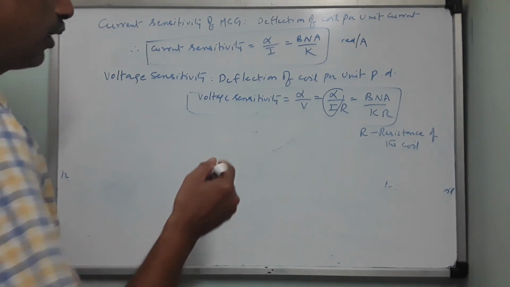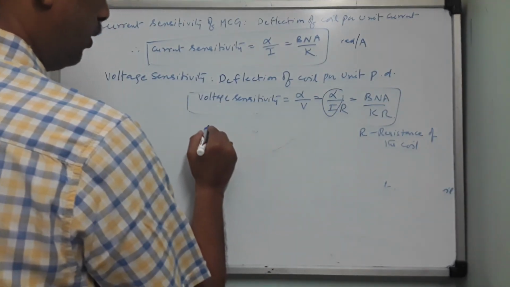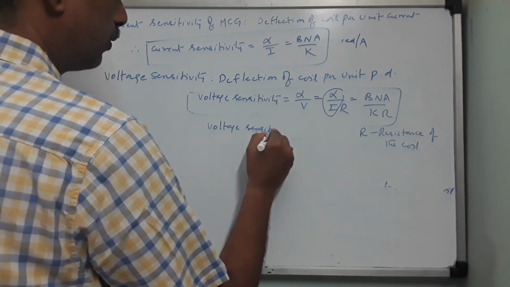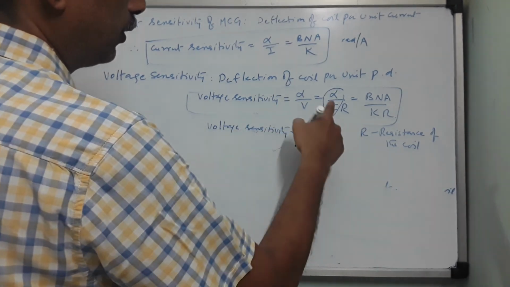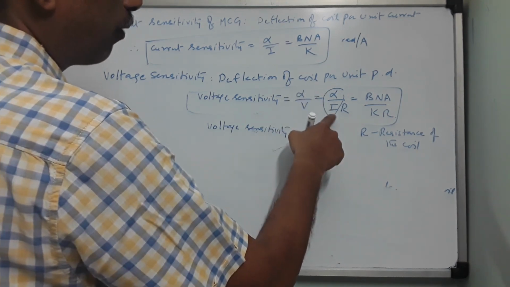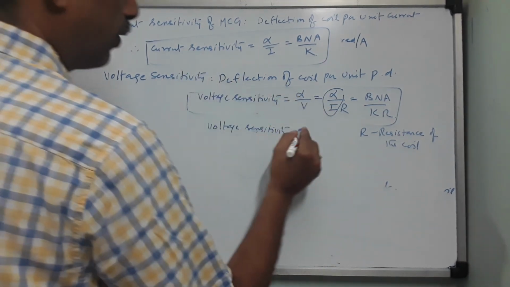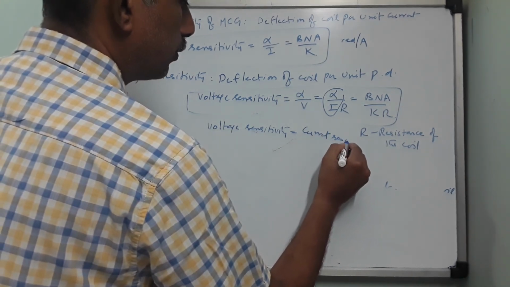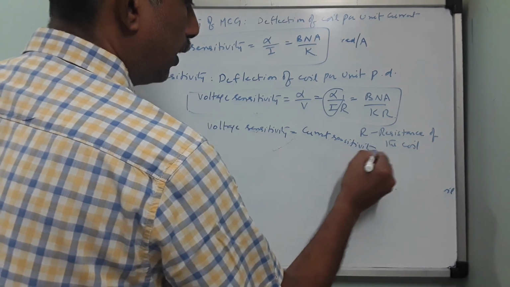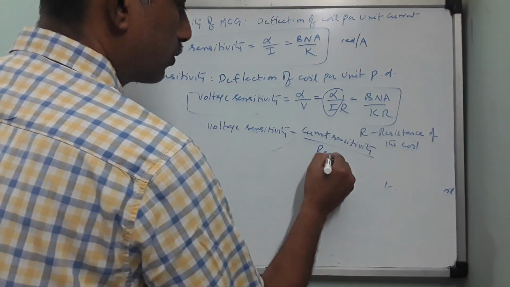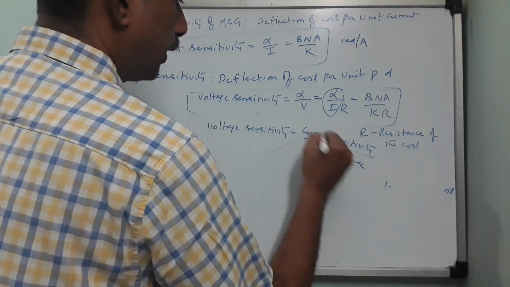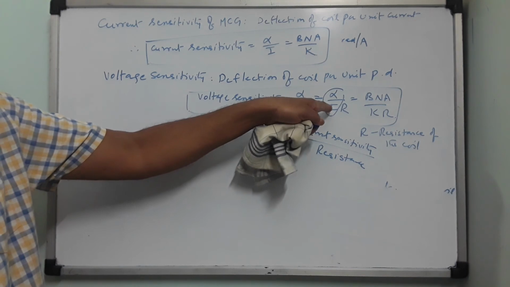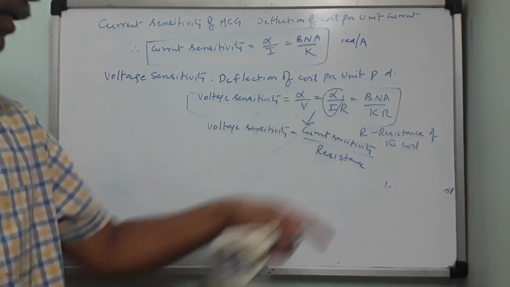You can see here, children, voltage sensitivity equals alpha by V, which is nothing but alpha by I into R, where alpha by I is the current sensitivity, divided by the resistance.